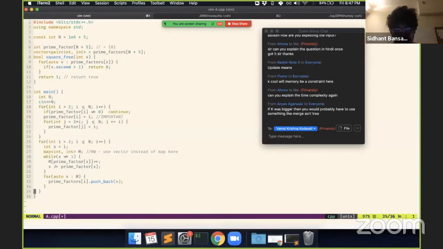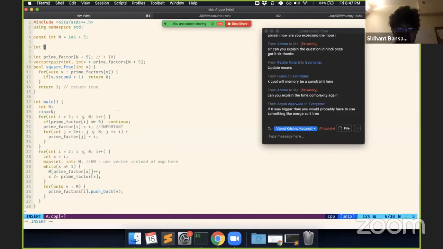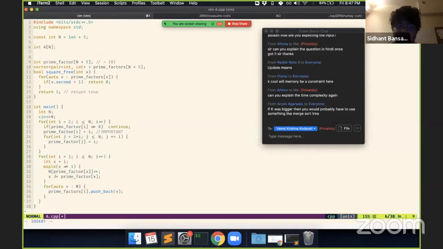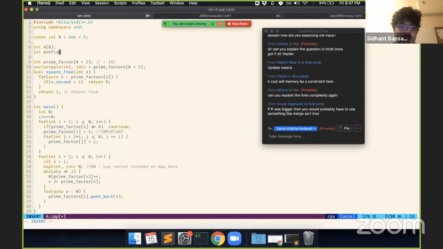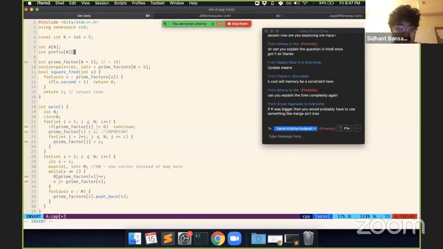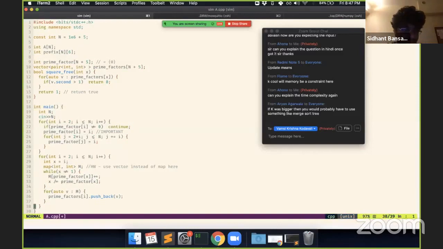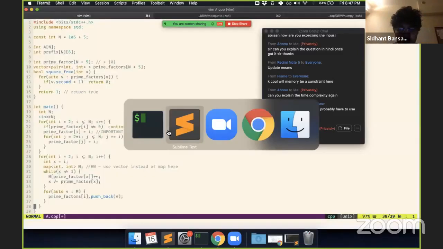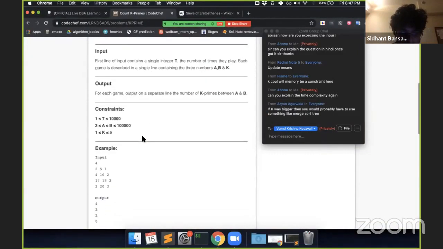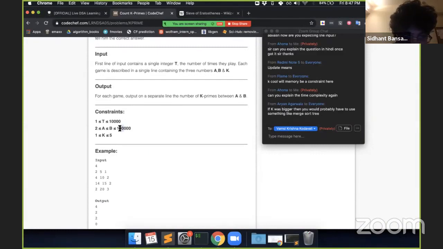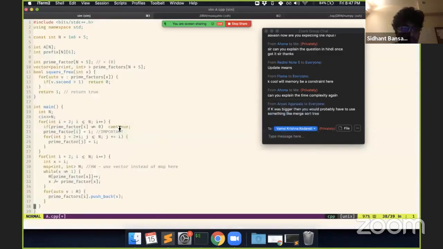So, okay, we had this prime factors array. Now, what new things do we want? We want this A array, and we want this prefix array, which has this. Let's see the constraints of the problem. You have t test cases and this thing goes till 1e5. Since this thing goes till 1e5, we can just put 1e5 here.